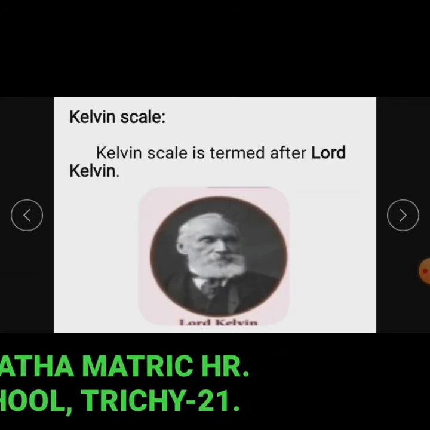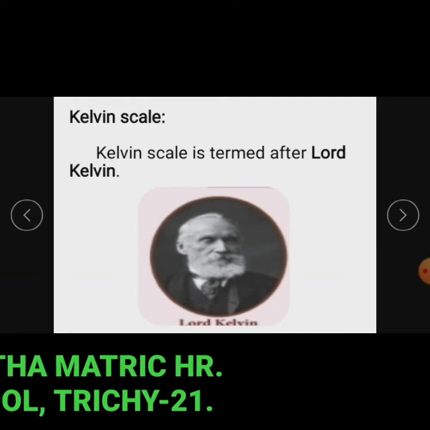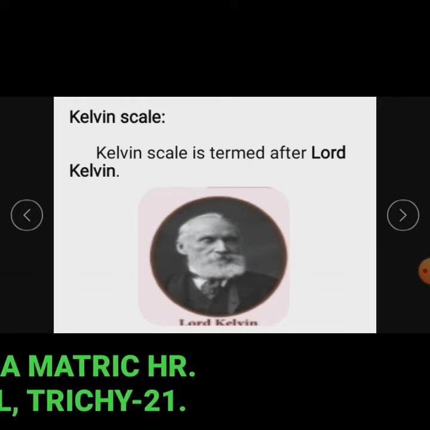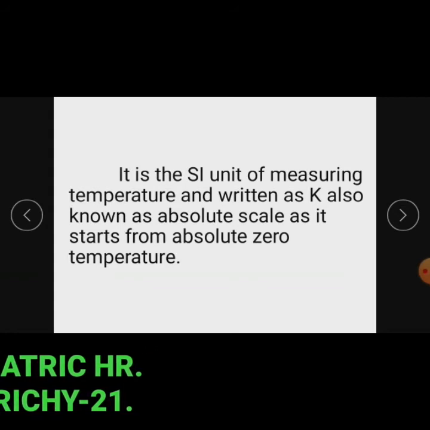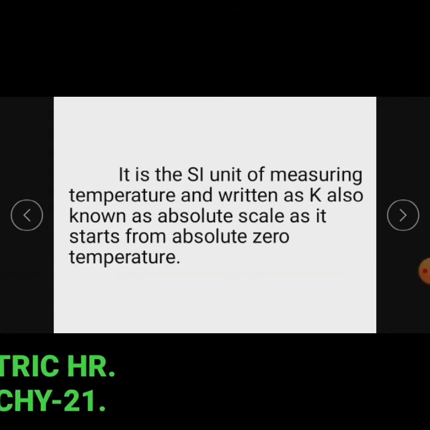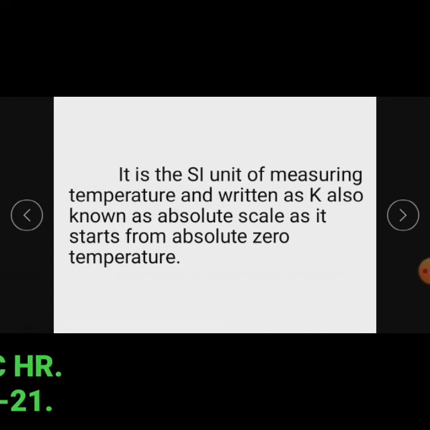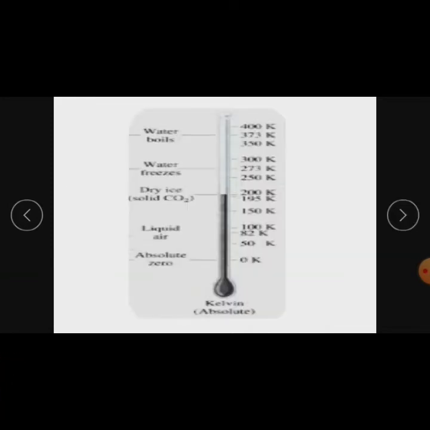Kelvin scale. Kelvin scale is named after Lord Kelvin. Kelvin is the SI unit of measuring temperature, written as capital K, also known as the absolute scale, as it starts from absolute zero temperature. This is the Kelvin scale.